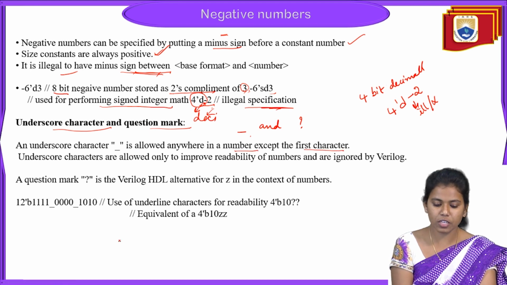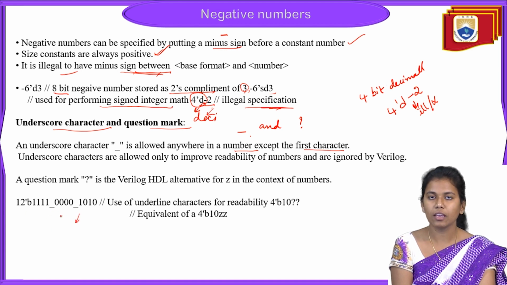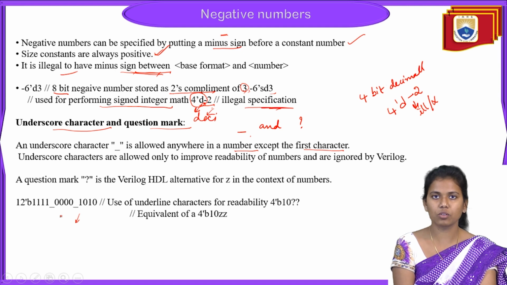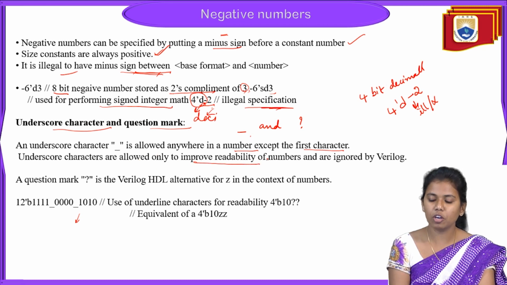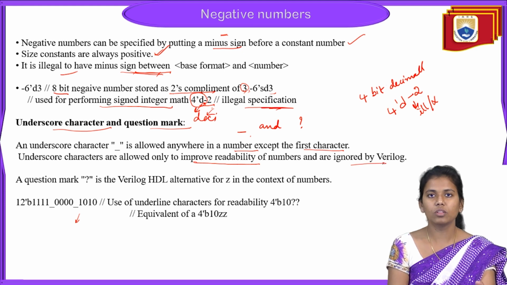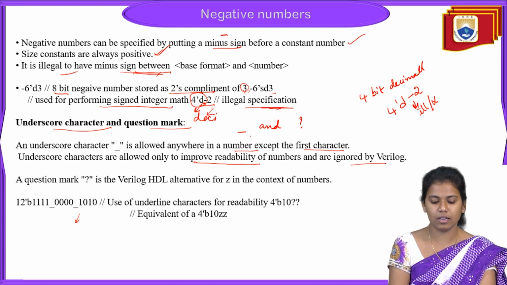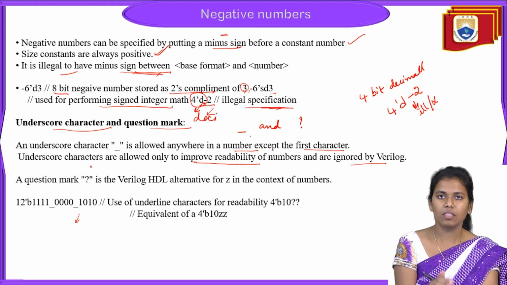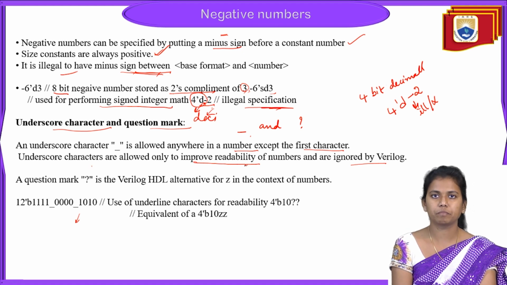So except the first character, anywhere in between numbers, you can use the underscore character. Underscore characters are allowed only to improve readability of numbers and are ignored by Verilog.